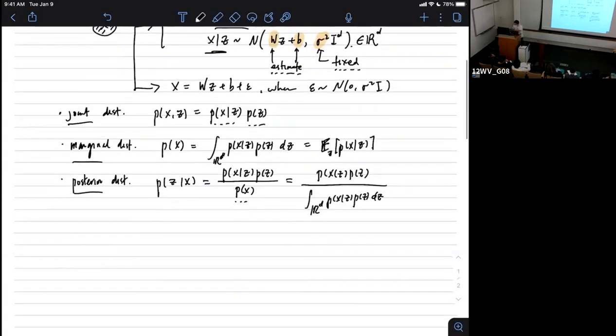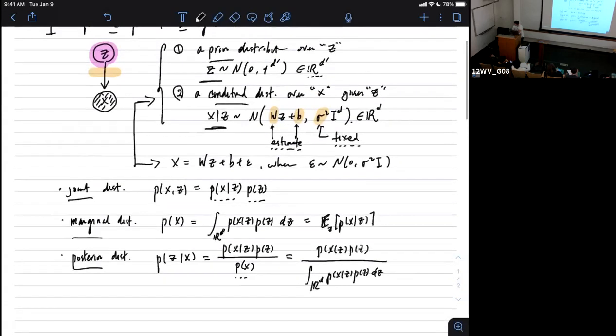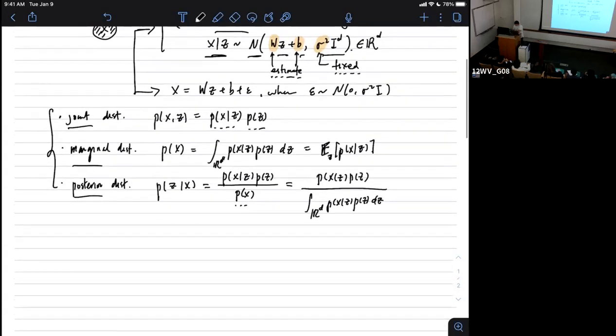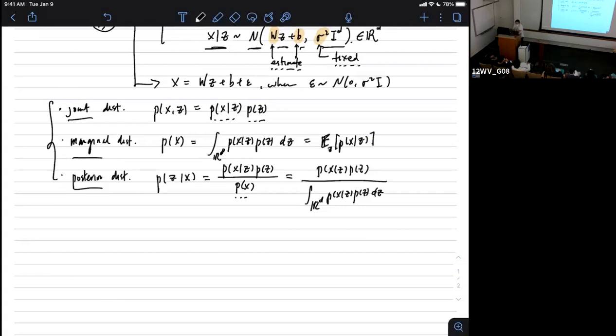Back to principal component analysis, because except for the fact that we are using normal distributions, there has been nothing about principal component analysis when we define these three distributions. Some nice properties of normal or Gaussian distributions include, one, marginals and conditionals of Gaussians are Gaussians.